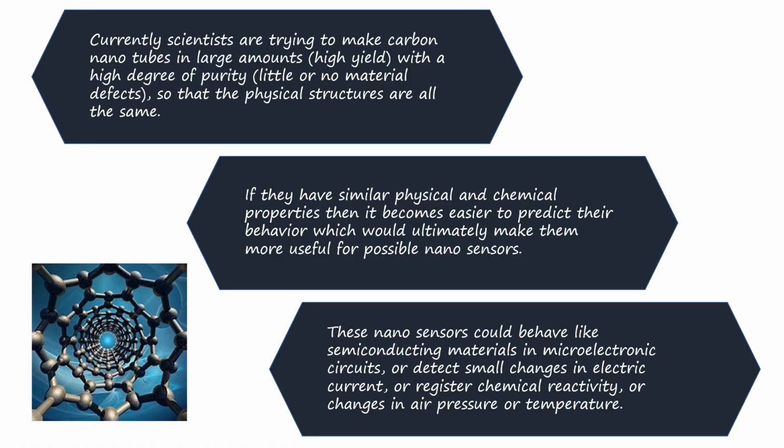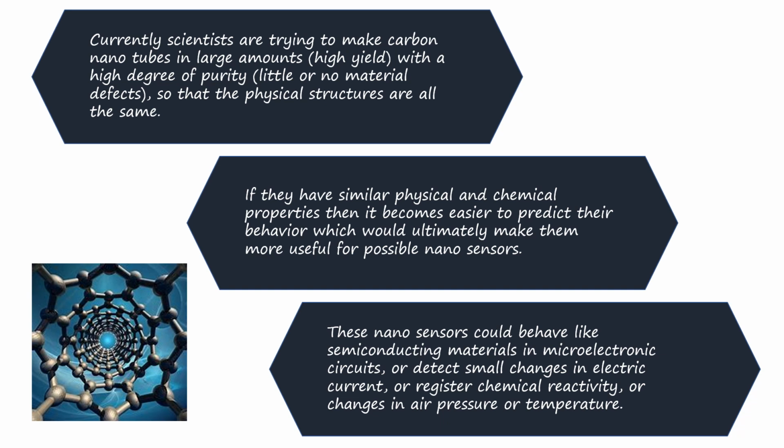Currently, scientists are trying to make carbon nanotubes in high yield with high purity. High purity results in the same physical structures of the carbon nanotubes, which will result in similar physical and chemical properties. So due to the similar properties, it is easier to predict their behavior so that it would ultimately be useful for possible nanosensors.